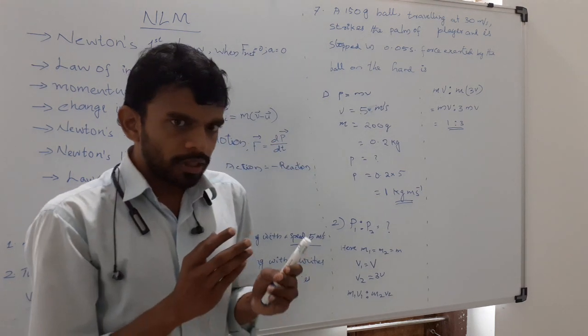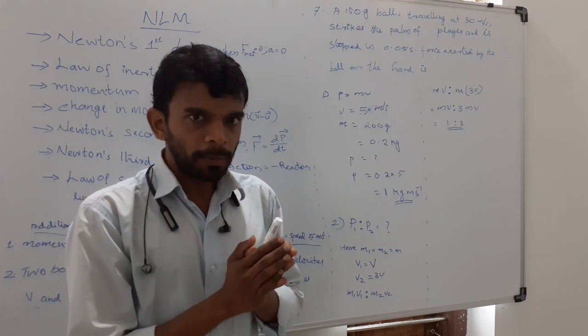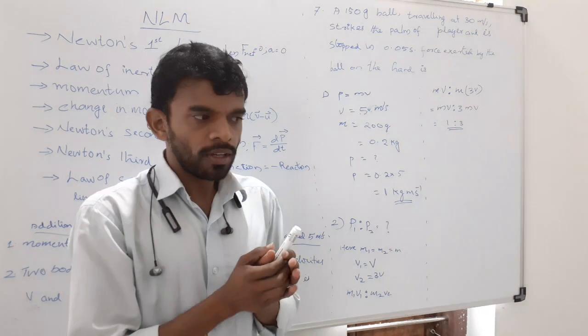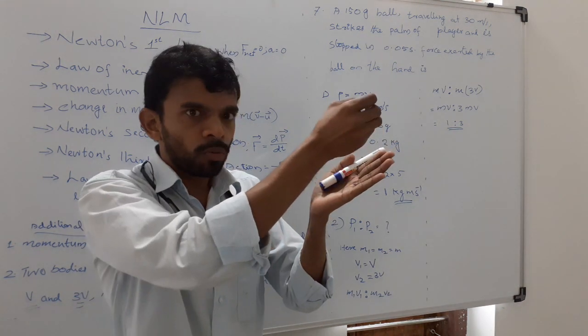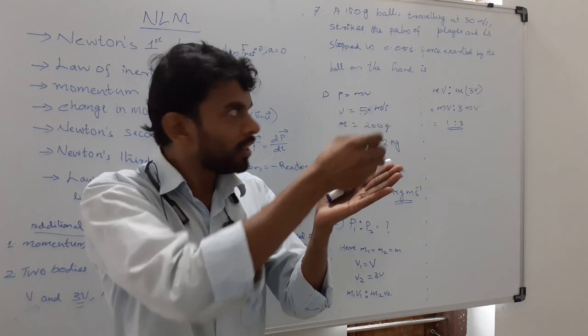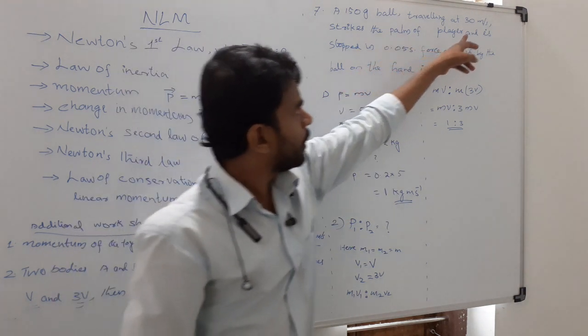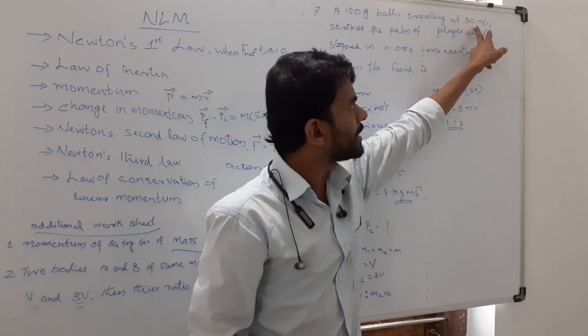So imagine there is a player who is taking a catch. While taking the catch, initially the ball was moving with a velocity of 30 meter per second.